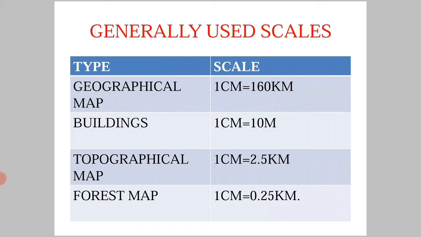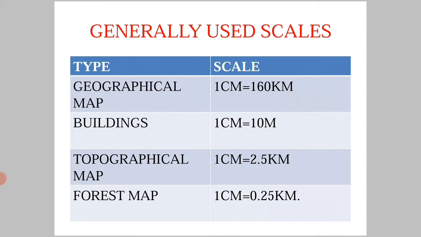In a geographical map, we take the scale 1 centimeter is equal to 160 kilometer, right? Then in buildings, we take the scale 1 centimeter is equal to 10 meter. Then for a topographical map, we generally take the scale 1 centimeter is equal to 2.5 kilometer.